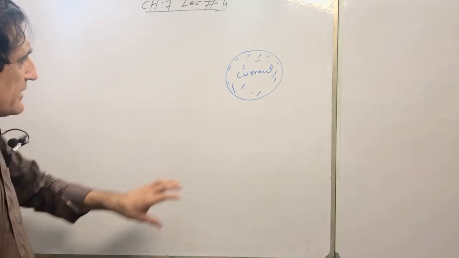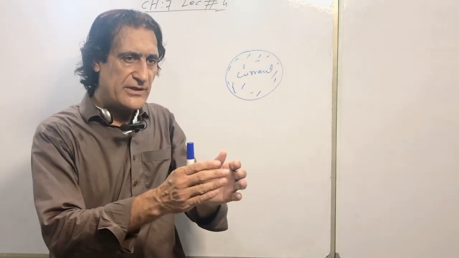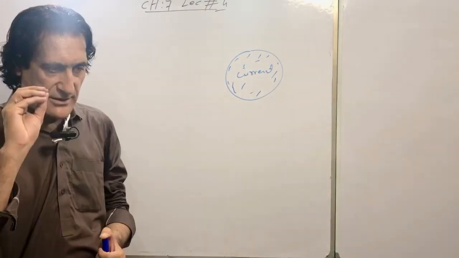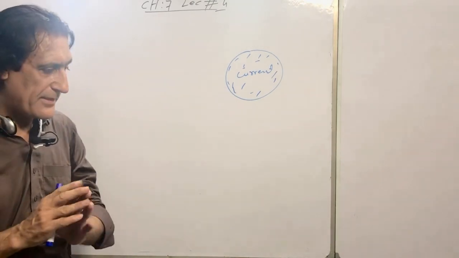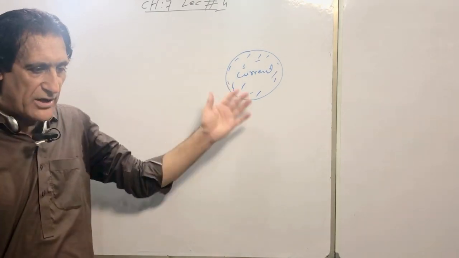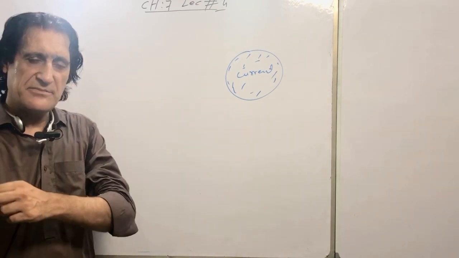If we keep this surface area constant and increase the volume, the current distribution remains constant, then the contribution of the volume increases as compared to the contribution of the surface.